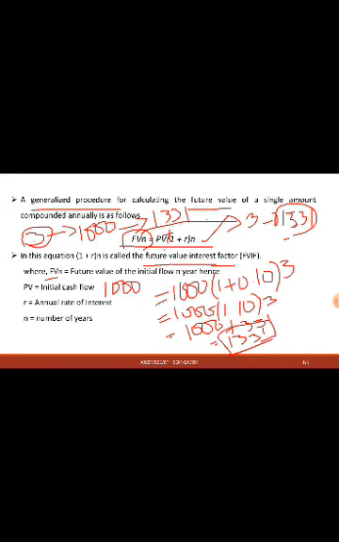That is what happens in compounding. The process of investing money as well as reinvesting the interest earned at the end of the year is called compounding, and it calculates the future value cumulatively.